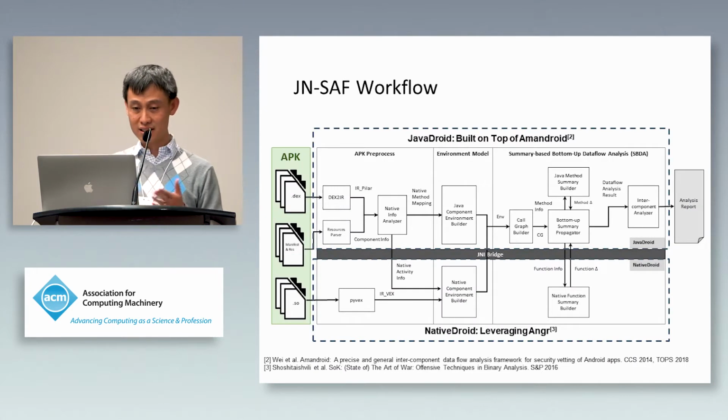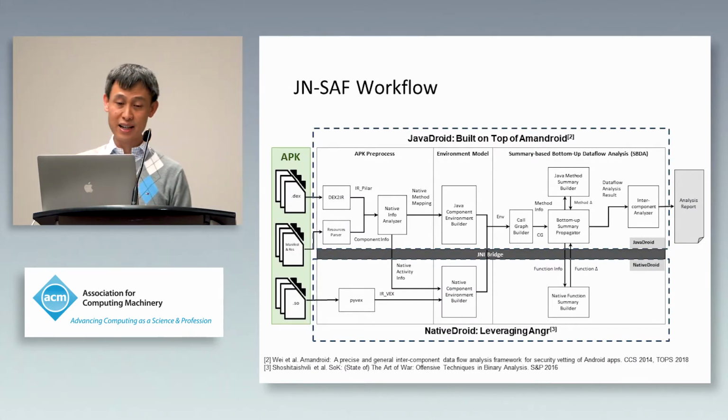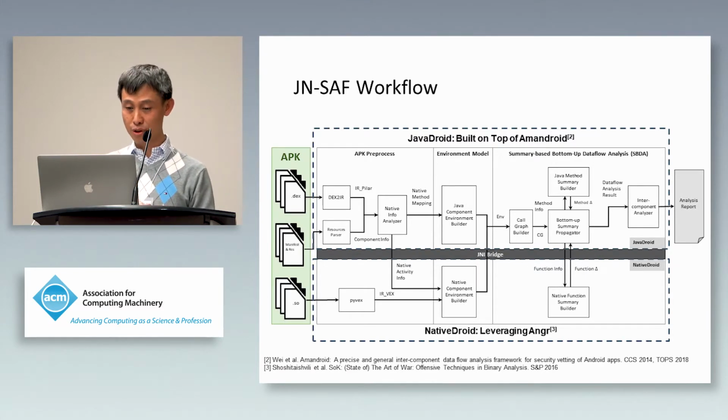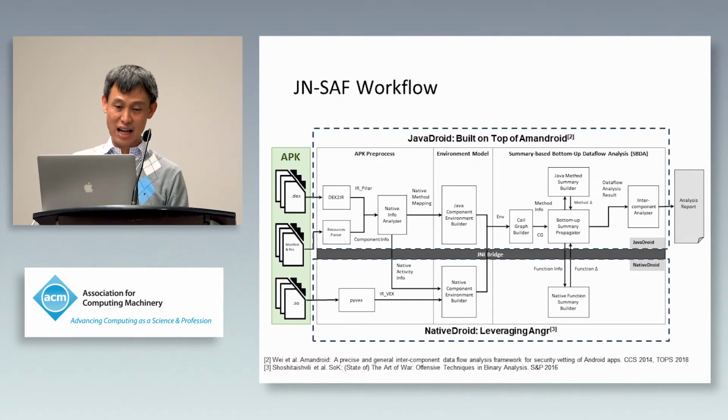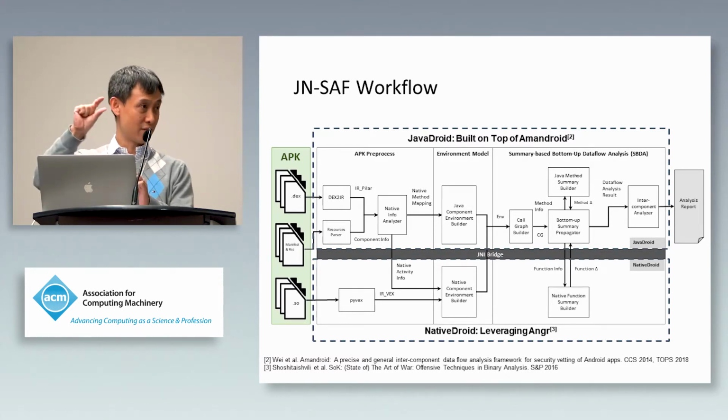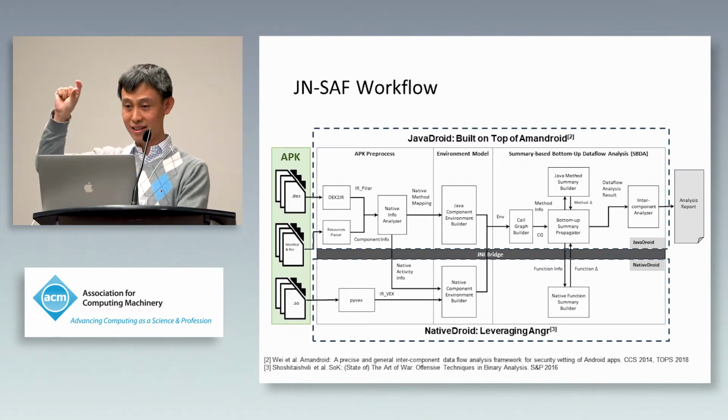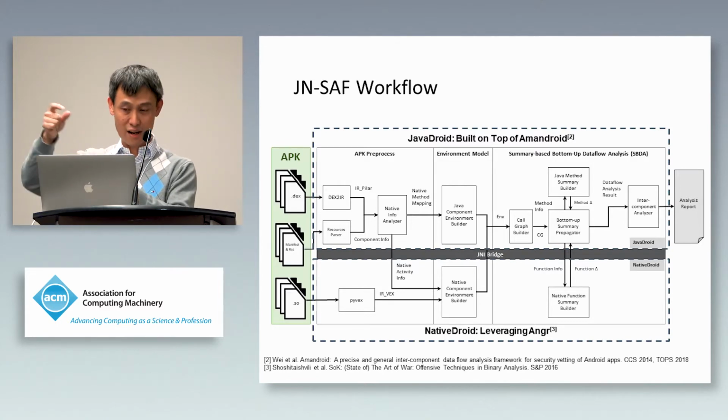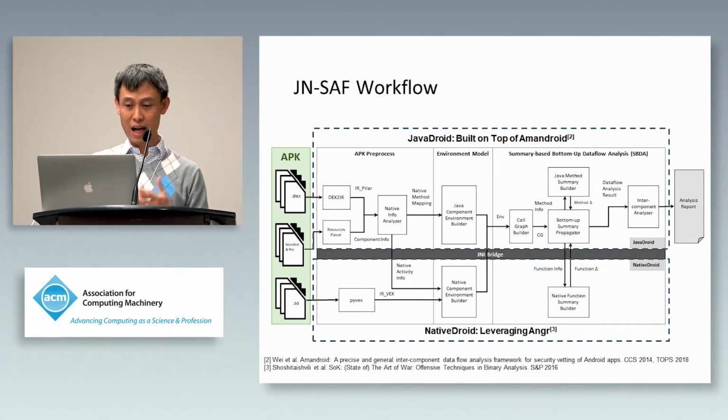The result is a framework we call JN-SAF, standing for Java Native Static Analysis Framework. It is composed of two parts: one is called JavaDroid, and the other is NativeDroid. These two parts of the analyzer deal with the different types of code that we have to analyze. JavaDroid is built on top of Amandroid, which is also from my group.